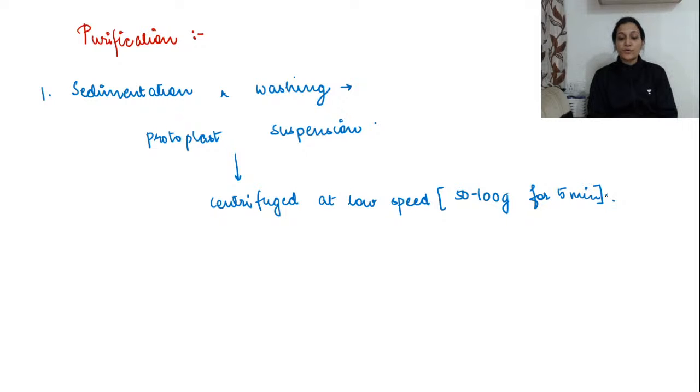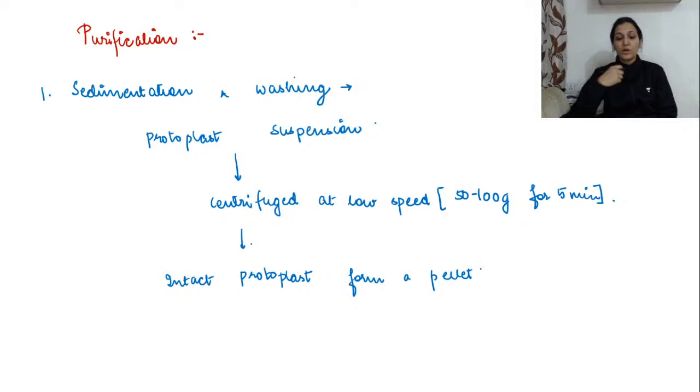The intact protoplast will form a pellet, because the protoplast are heavier than the cell wall which is removed. So intact protoplast form a pellet, and the supernatant containing the cell debris or the broken cell wall can be pipetted off.